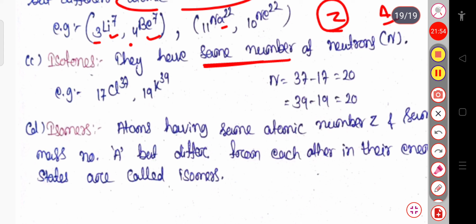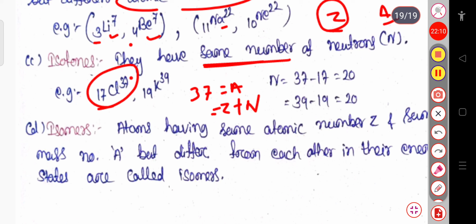That is, for chlorine 17Cl37 and for potassium 19K39. You can see the mass number of chlorine is 37, which is nothing but the A value. You know A equals Z plus N, and the Z value is 17, so N will be equal to 37 minus 17, so you will get 20.